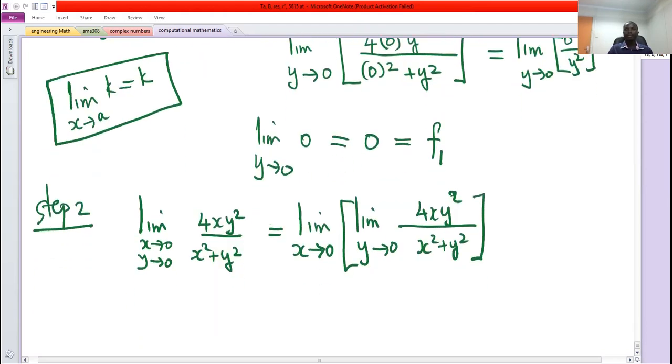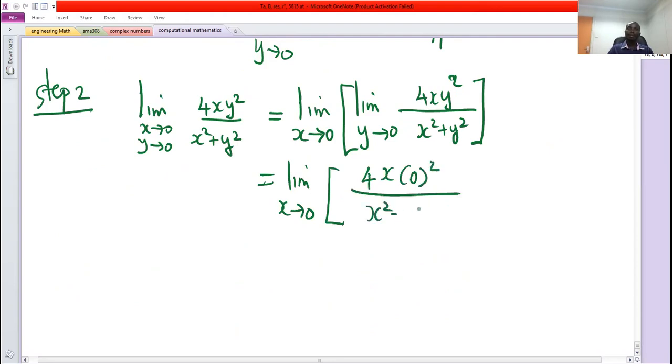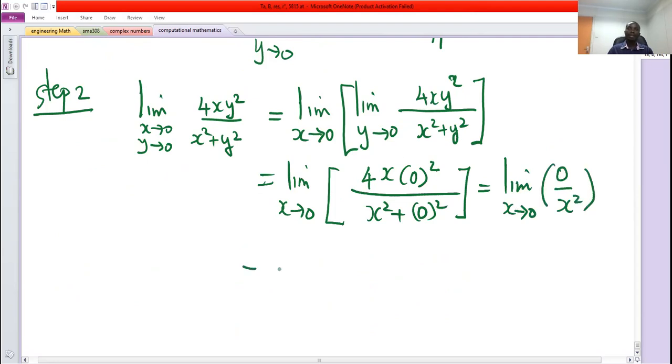So we'll have the limit as x approaches 0. Now this will be 4x times 0 squared over x squared plus 0 squared, which will be the limit as x approaches 0. This will be 0 over x squared, and that is the same as the limit as x approaches 0 of 0. This will give us 0. So we call this one F2.